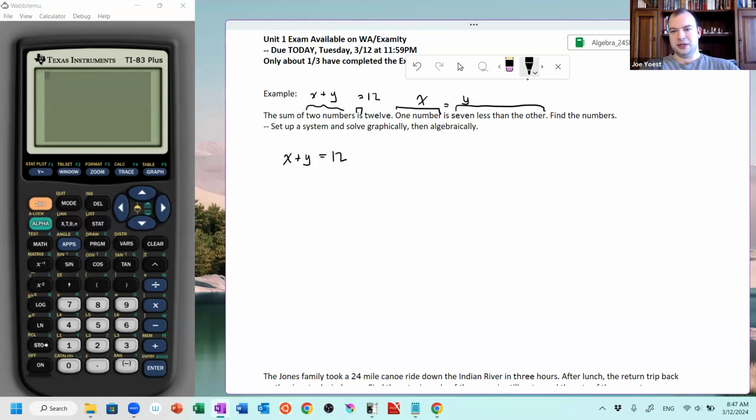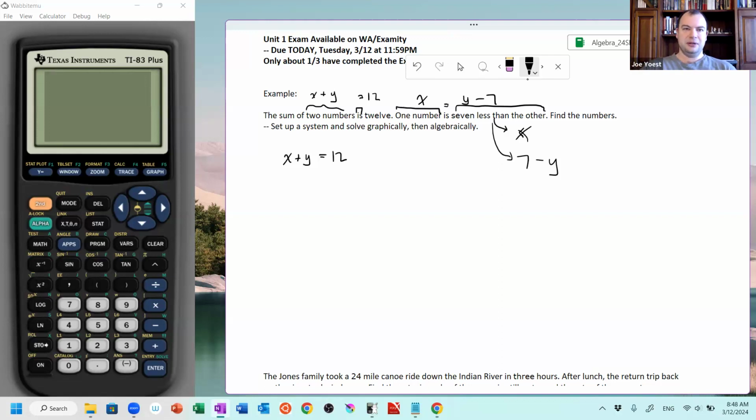So what's the other one? Y. But 7 less than Y is Y minus 7. A little confusing there when we have something like the words less than. We might get tripped up. We might think, does that mean a less than symbol? In this case, no. We might think it means 7 less than Y, but if X is 7 less than Y, then X is Y minus 7.